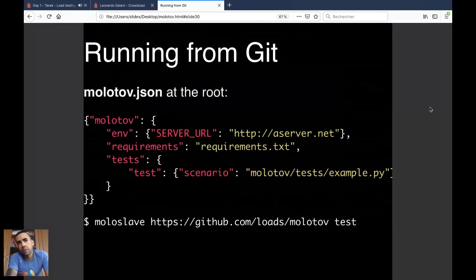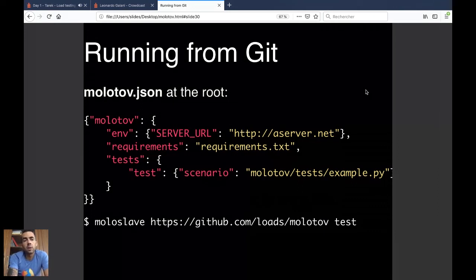I can run Molotov from Git. So basically, we have on GitHub some repository with a molotov.json file that lives on the top of the repo and has a few options that will allow Molotov to run a test by cloning the Git repo.